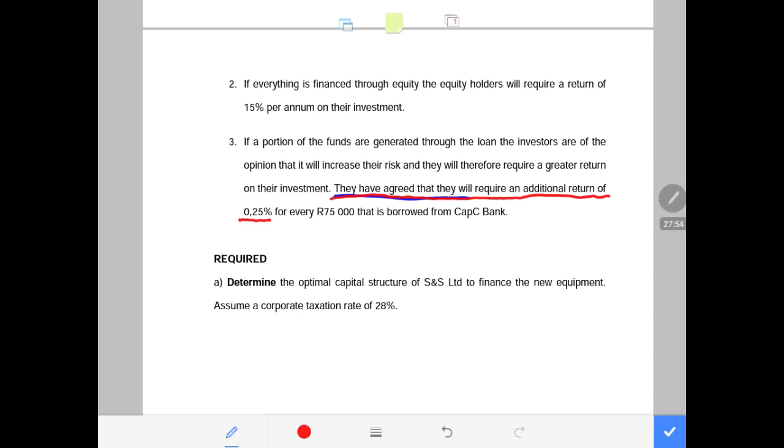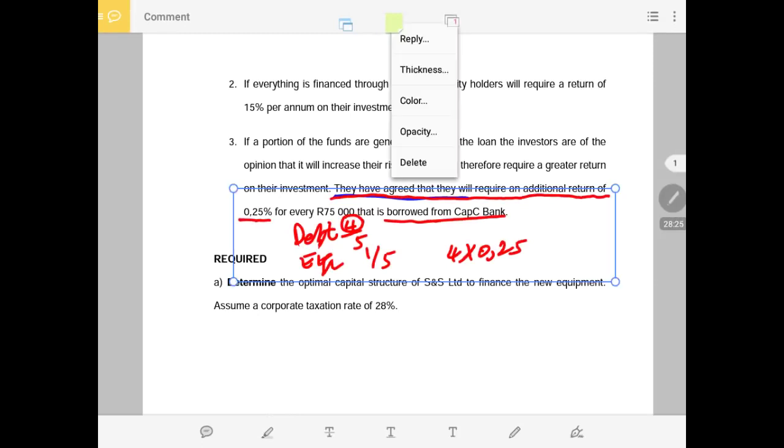In the second funding, we are taking 4 out of the 5 through debt and 1 out of 5 through equity, meaning there are 4 of the 75,000 that are borrowed from the bank. Hence I'm saying 4 times 0.25%. That gives me the portion that will be an increase in the return on equity.